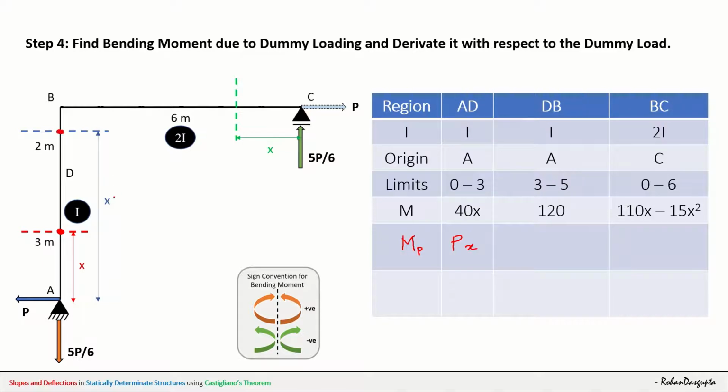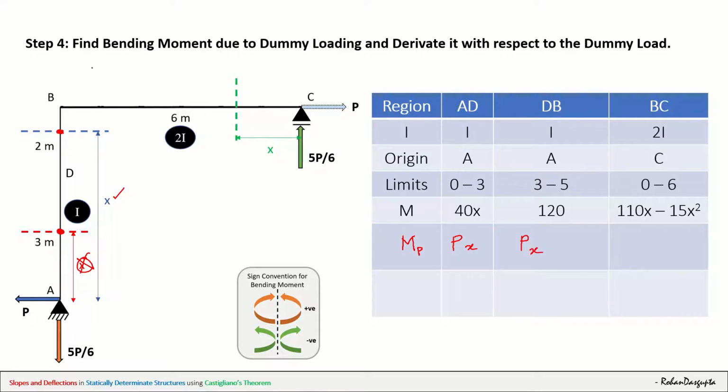But now our x is this one. Forget this x for now. Our x is this one. Still, if you notice, the only load there that exists is P. So it will be P into X. So it will again be P multiplied by X.